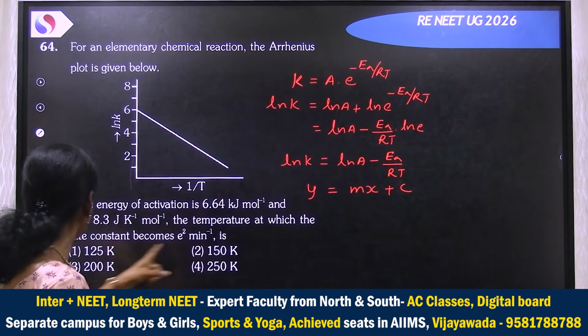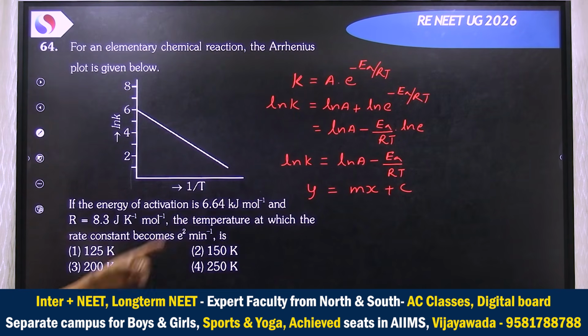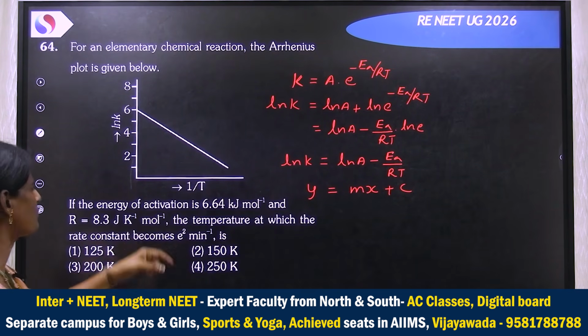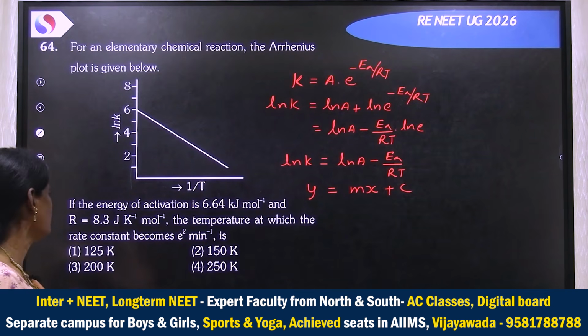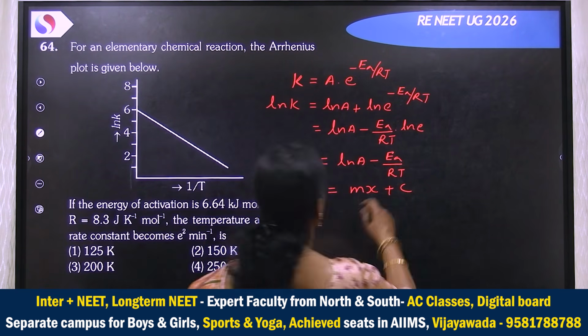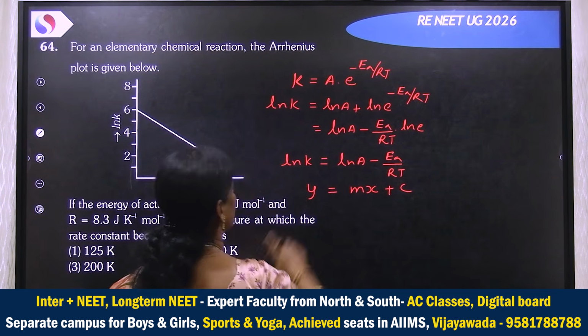So the temperature at which the rate constant becomes the given value, we have to find the temperature T. First we have to calculate Ea by R. Already the energy of activation is given as 6.64 kilojoule per mole and the R value is 8.3 joule per Kelvin per mole. If I find the ratio of Ea by R, then I am able to calculate the temperature.